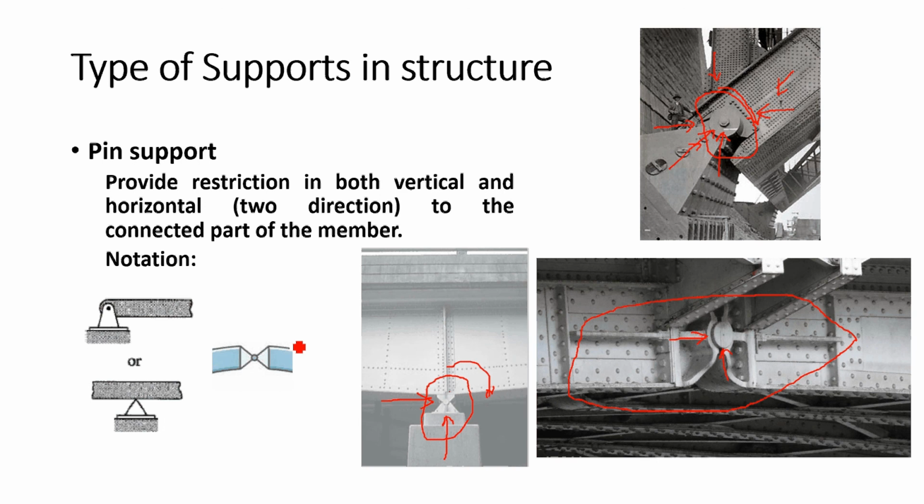When you talk about the notation here, if it is the end of the member, this is the notation we are using. When it is the middle of the member, this is the notation. Try to identify the difference between the notation of roller support and pin support. Roller supports have some roller arrangement, right? Here, this is the notation.